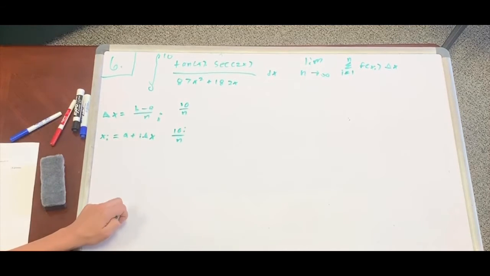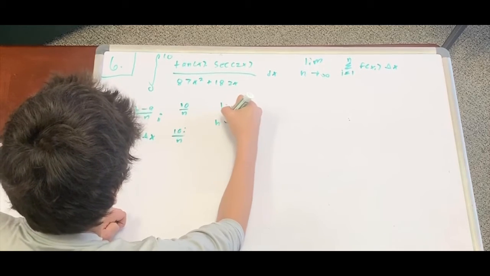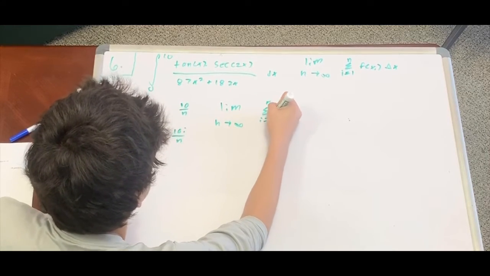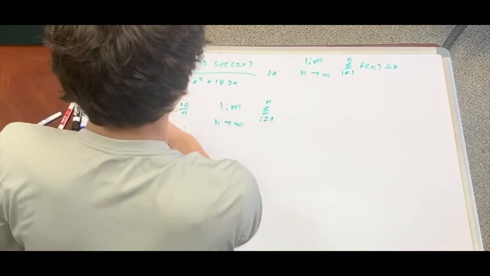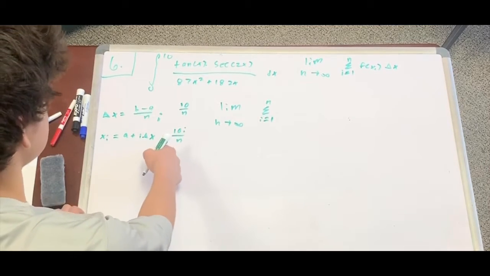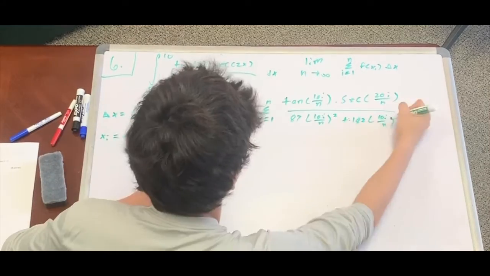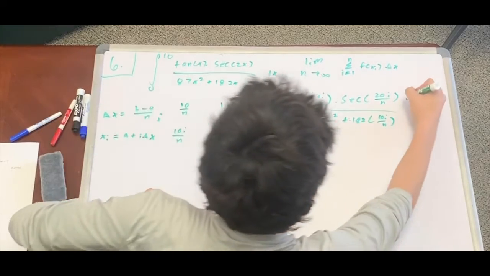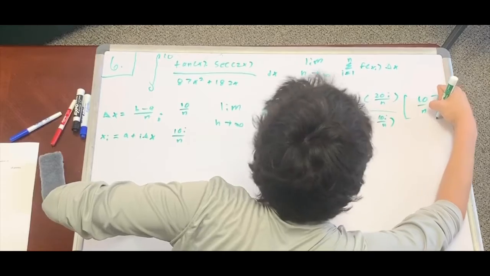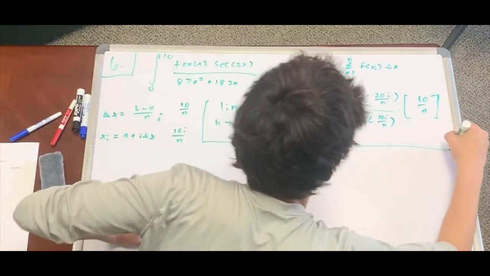So with this knowledge in hand, we can just rewrite it as the limit as n approaches infinity, the summation from i equals 1 to n of f of xi. So we just replace all the x's with this, basically. So it'll be times delta x, which is 10 over n. This would be a monster to actually compute, but that is in the correct format.